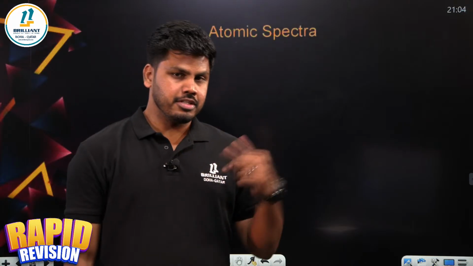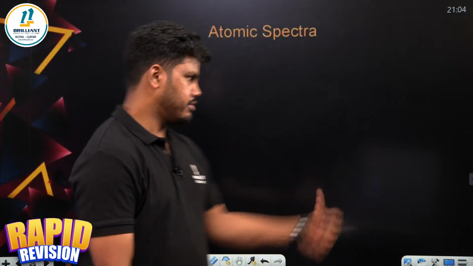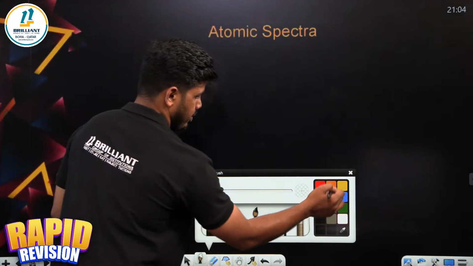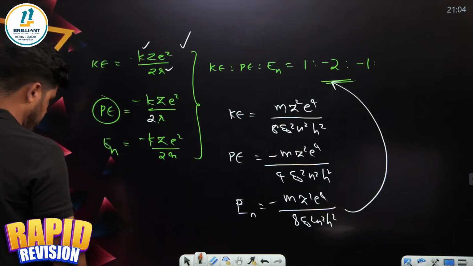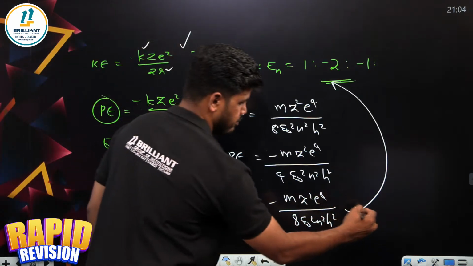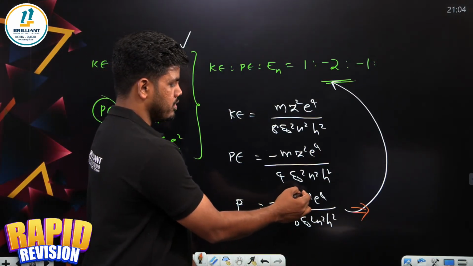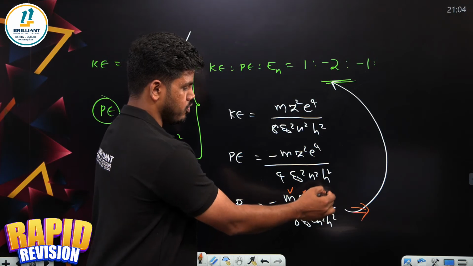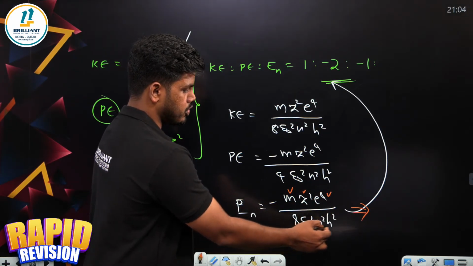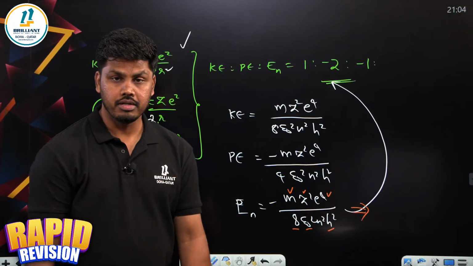Then atomic spectra, where I told you that derivation is not important. Before going to atomic spectra, let us look at the equation we simplified. Final energy En: mass of electron, atomic number, charge of electron, 8 is a constant, epsilon 0, h, all of them are constants.